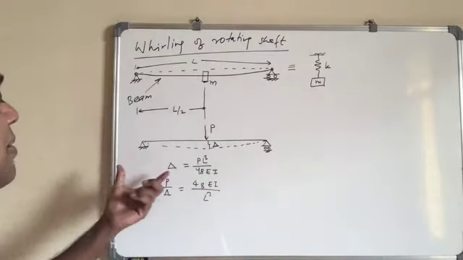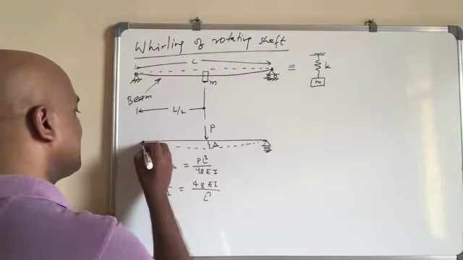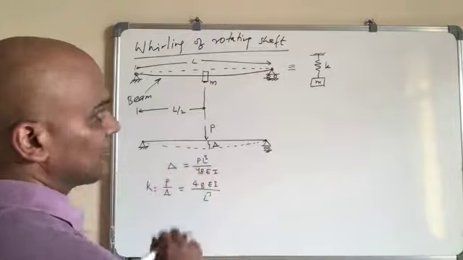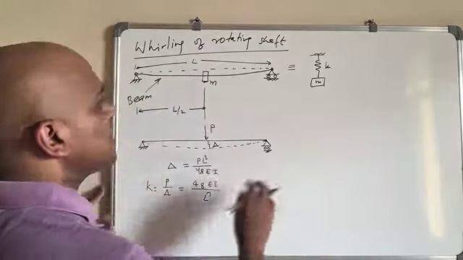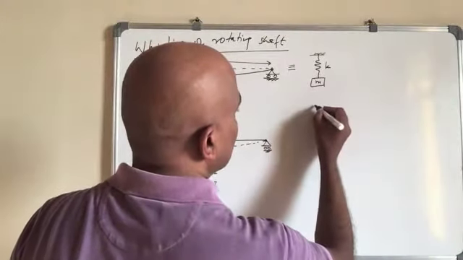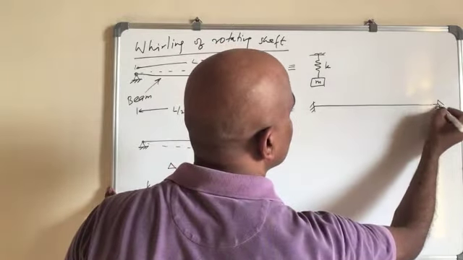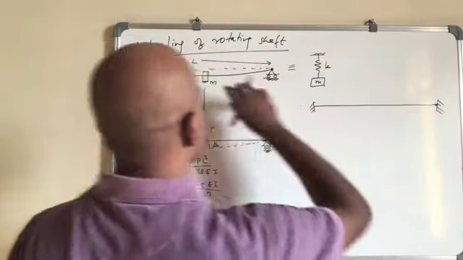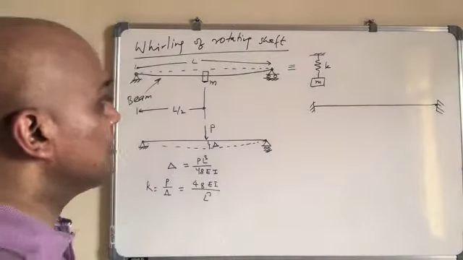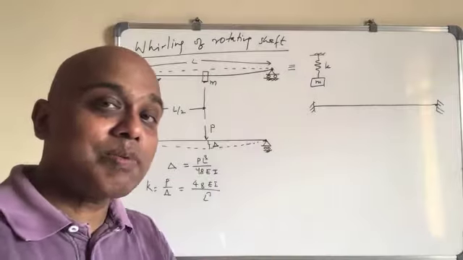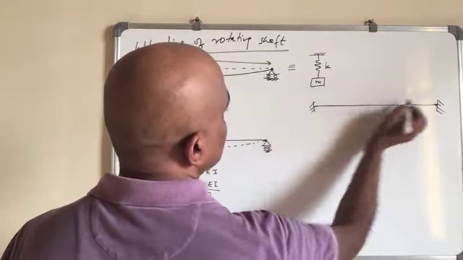What we have assumed here is simply supported, so a hinge here. For other kinds of support, since this is a shaft, there will be bearings on both sides. The bearings could be such that the slope will be 0 on both sides.